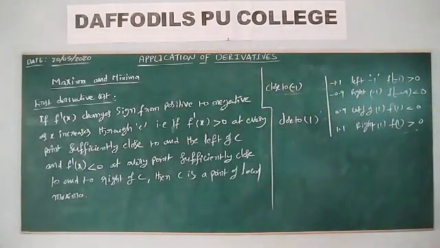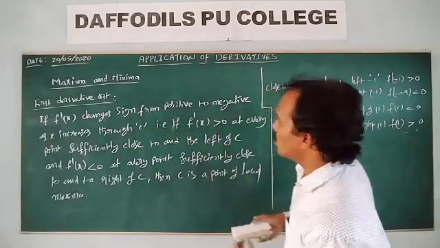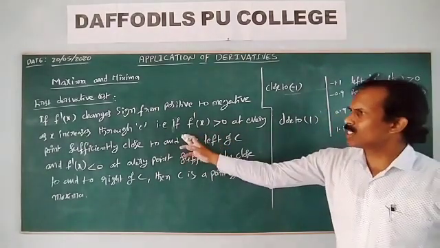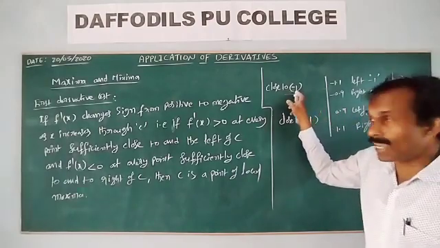So close to minus 1, what is it? f dash x changes sign from positive to negative as x increases through c. c means nothing but here, point minus 1.